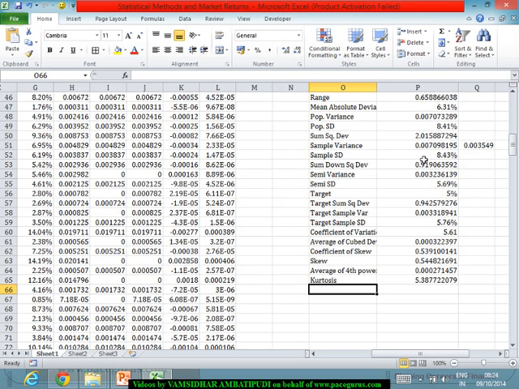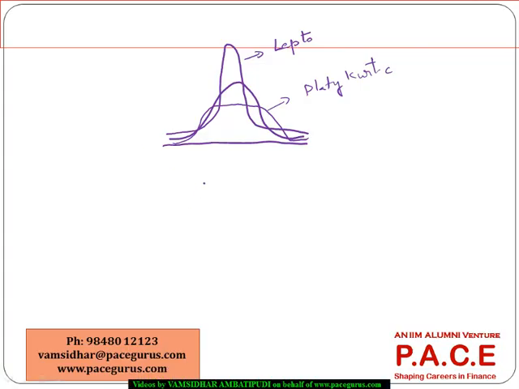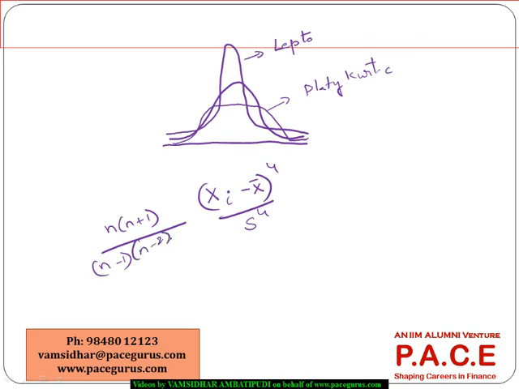Here also, instead of just taking the average, people look at it as xi minus x bar to the power 4 divided by s to the power 4. Instead of just taking 1 by n, the actual formula goes as n into n plus 1 divided by n minus 1 into n minus 2 into n minus 3.